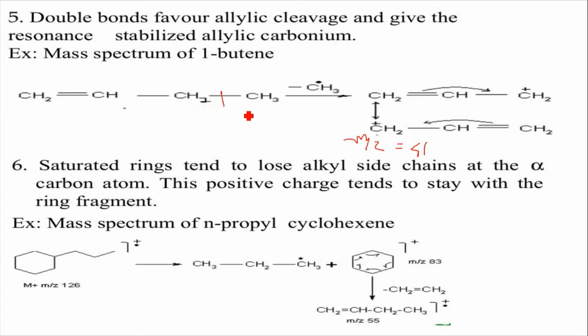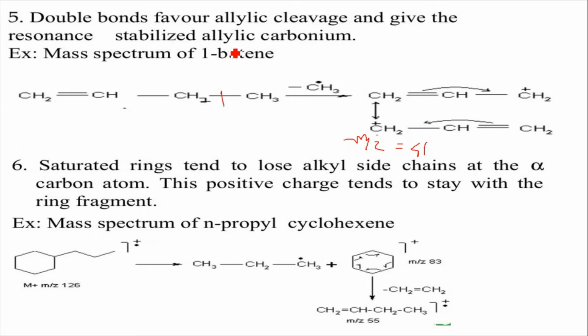So first of all, ionization occurs, there is the formation of a molecular ion, and this molecular ion will further undergo fragmentation by homolytic cleavage, either by vinylic or by allylic carbon-carbon cleavage. So the allylic cation formation is more stable as compared to the vinylic cation.